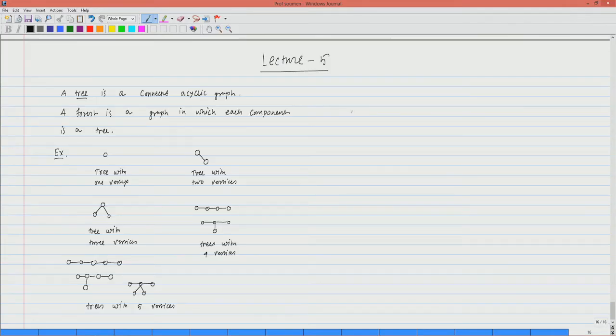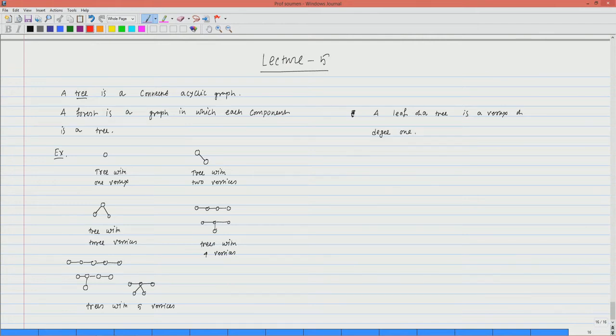Okay, let me first define what is a leaf. A leaf of a tree is a vertex of degree 1.